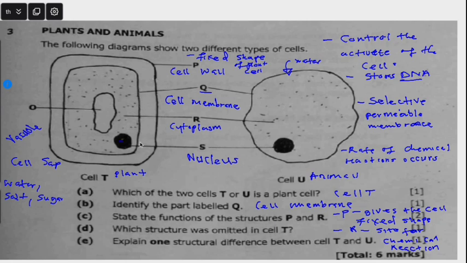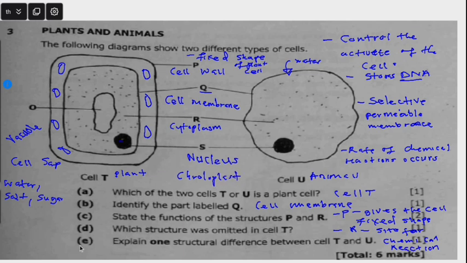So here we are supposed to have something like these ones here, and they are called the chloroplast or chlorophyll. So these are the structures which were omitted in this diagram. The spelling is this one here, chloroplast or chlorophyll. Alright, so that is the answer for question D.